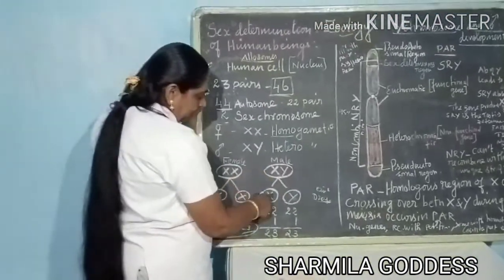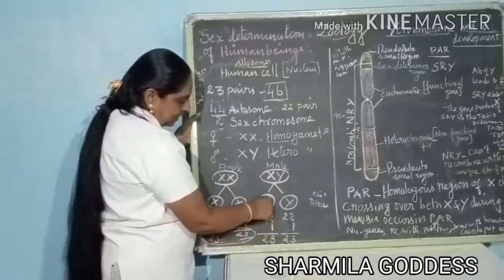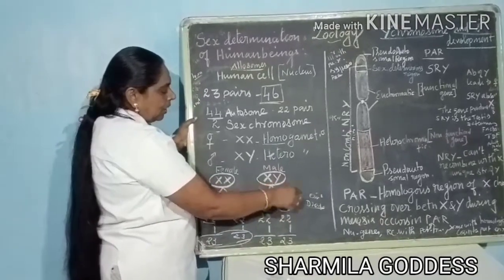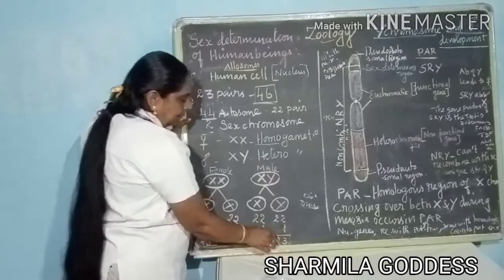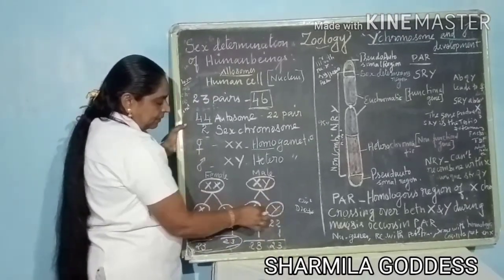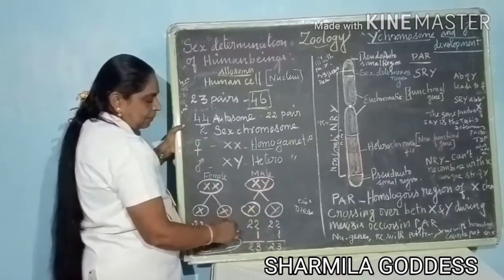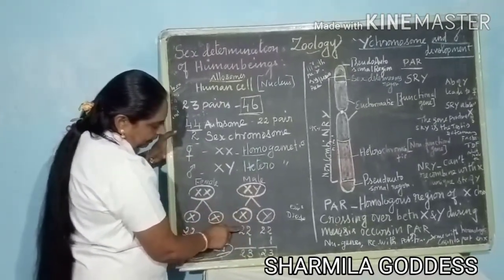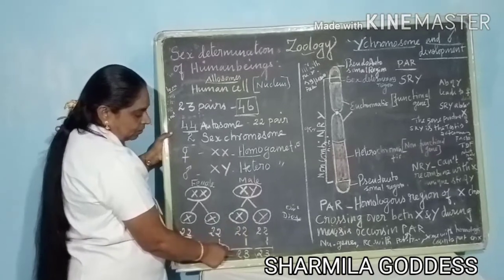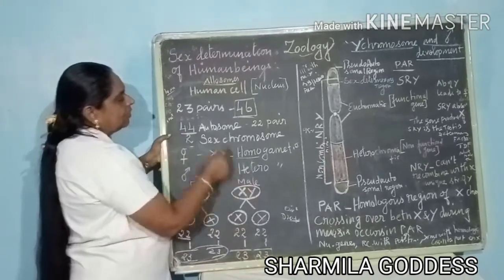Like that, here also 22 autosomes and 1 Y chromosome is 23. So that is haploid. This both we can say diploid. Now we separate this haploid chromosome, then there is a diploid. This is haploid, 23 plus 1, 22 plus 1, 23. Now 23 plus 23 is 46 chromosomes.